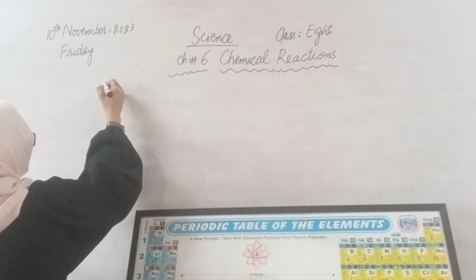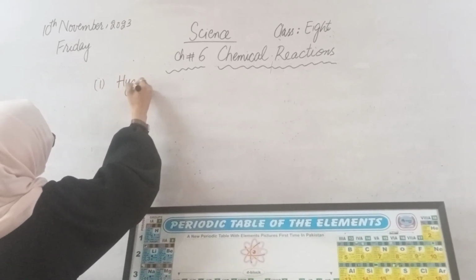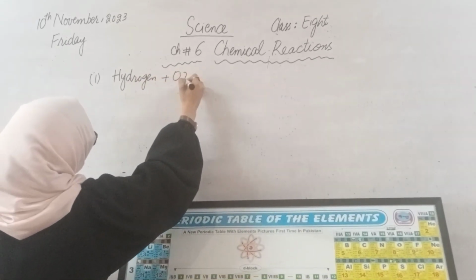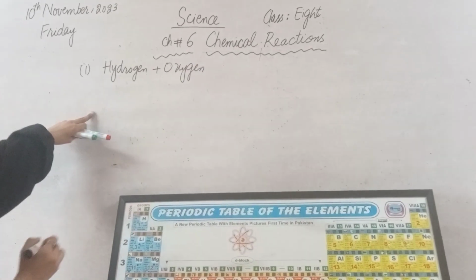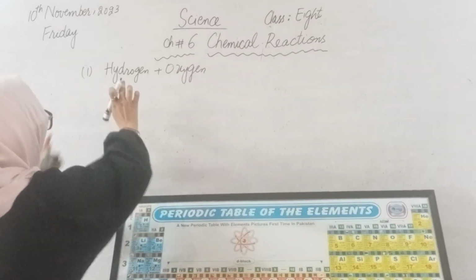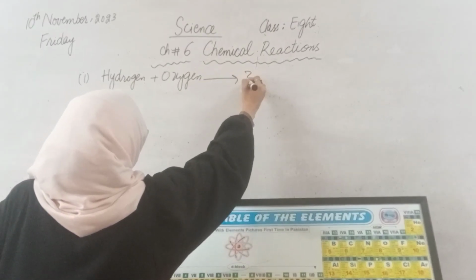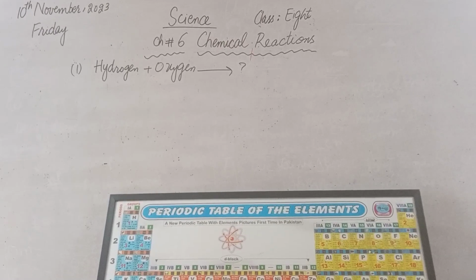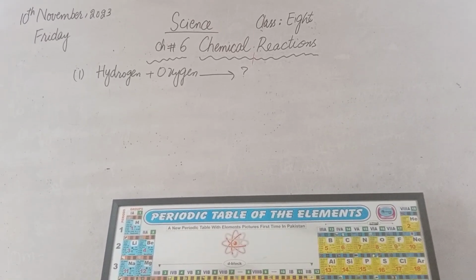So we will do our first example between hydrogen and oxygen, and we have to complete the reaction between hydrogen and oxygen. At first, we should know about the symbol and the charge of the given elements.